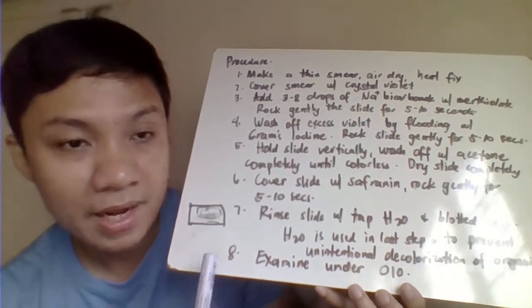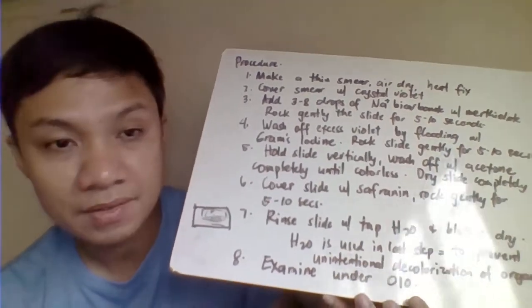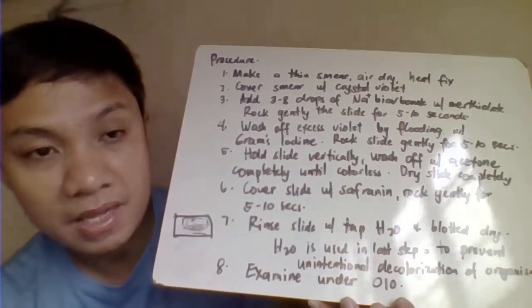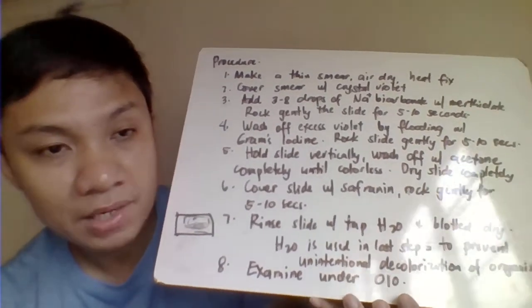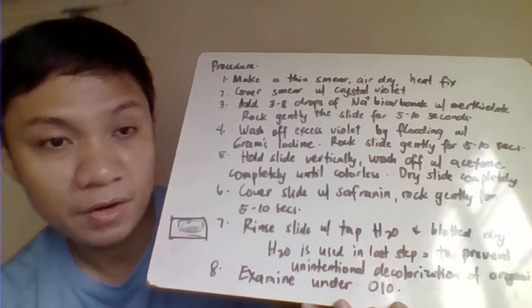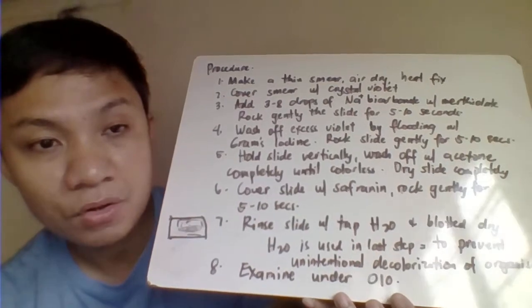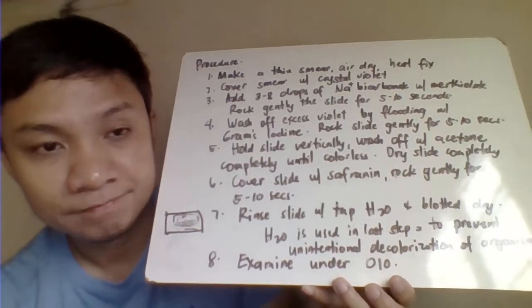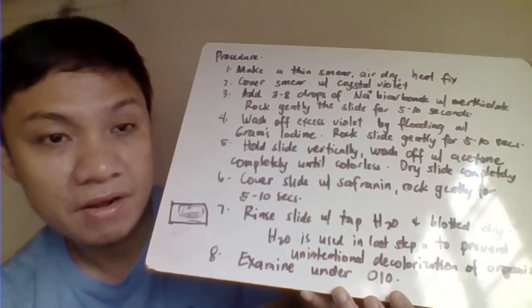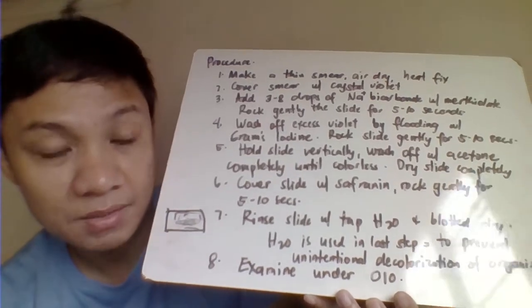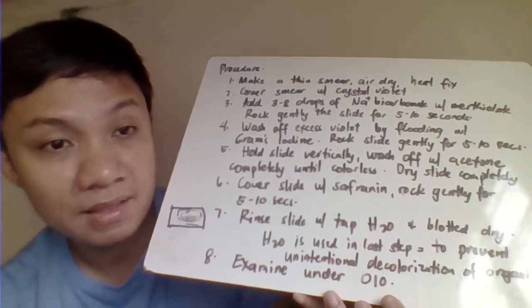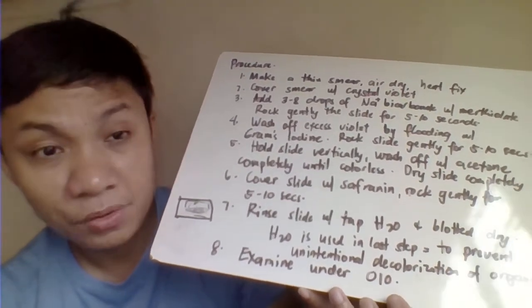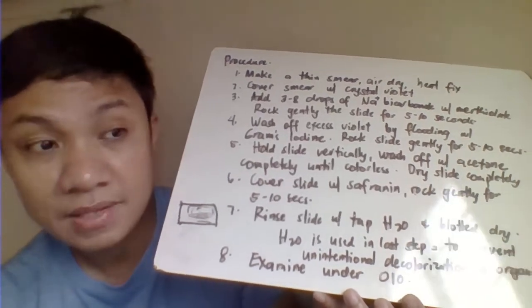Okay, and after that, air dry your smear and then examine the morphology of your bacteria, noting whether what is present is gram positive or gram negative. At the same time, you should also observe the morphology or the arrangement. Is it cocci? Is it bacilli? Also, is it in pairs? Is it in chain?